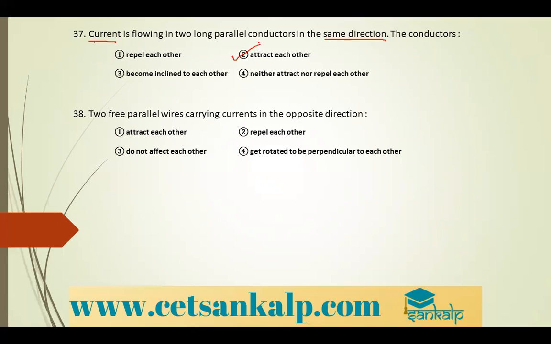So in the first case it is attractive since the current is moving in the same direction. In the second case, it is going to repel each other since the currents are moving in the opposite direction. Clear? Right.